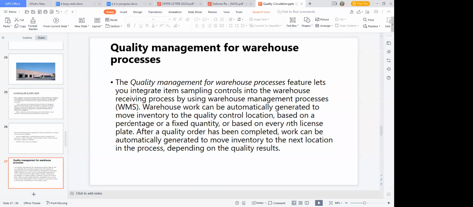Oh, sorry. All right. Warehouse management process, WMS. Okay. It is integrated control of warehouse receiving process. Okay, we have integration of the controlling system.